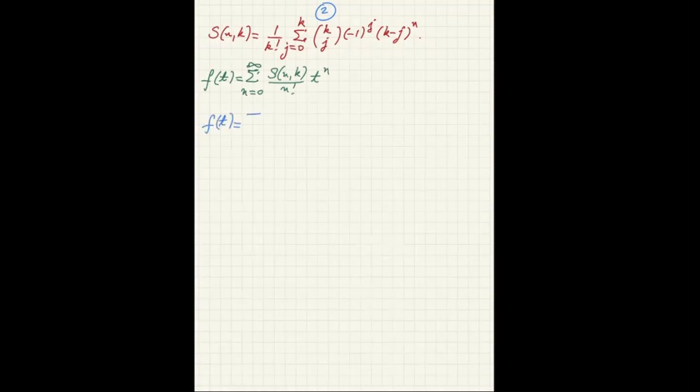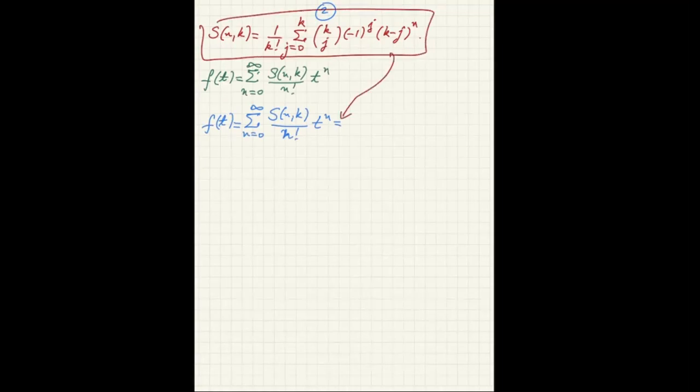f(t) is the sum of S(n,k) over n factorial times t to the n. I just copied the definition. Now the expression from the top in red comes into play here. Here n is the parameter that's changing, k is fixed.